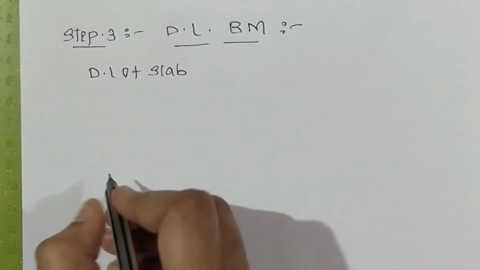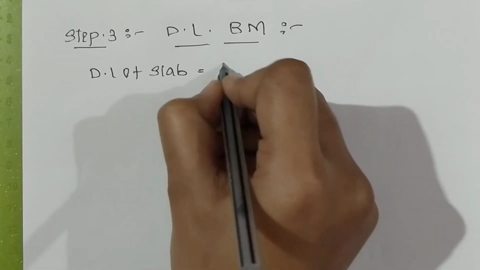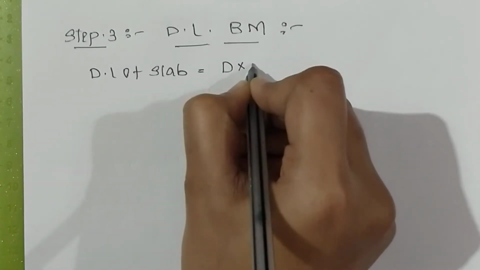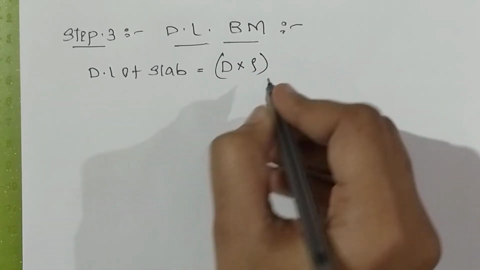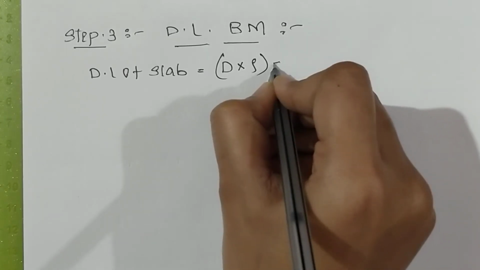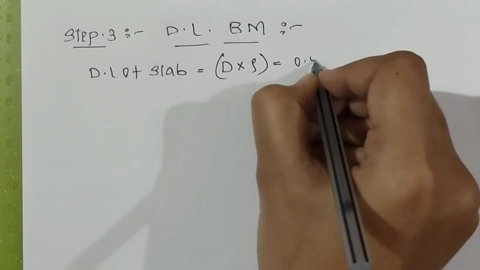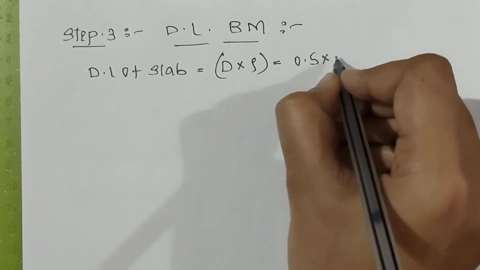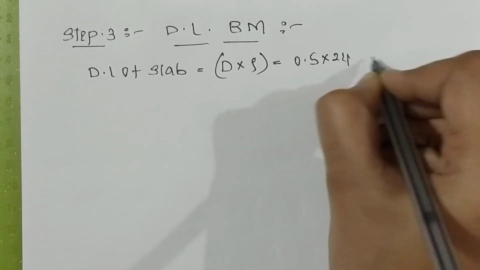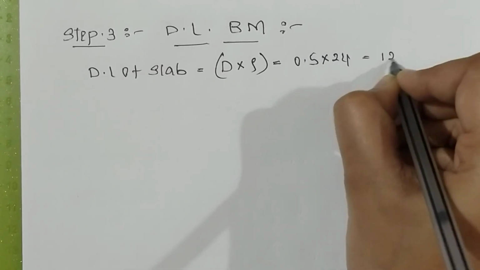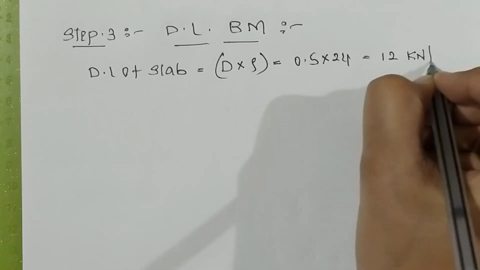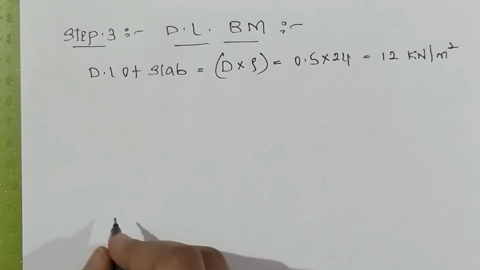That will be equal to overall depth multiplied by its density. That will be equal to overall depth, it is 0.5. Take the density of the concrete as 24. Then you will get it as 12 kilonewton per meter square.